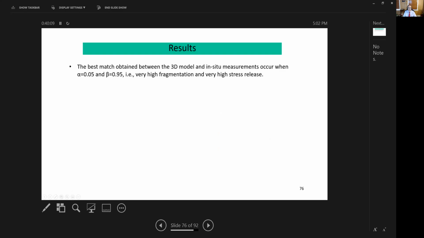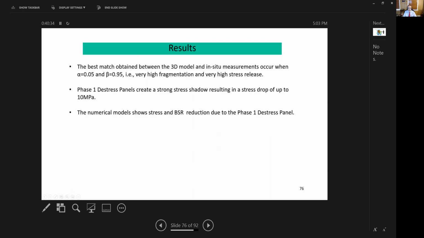So the results of this case study is that the best match obtained between the 3D model and in situ stress measurements occur when alpha is 5% and beta is 95%, which means high fragmentation and high stress release. Phase 1 distress panels create a strong stress shadow resulting in a stress drop of up to 10 MPa and successful pillar extraction.